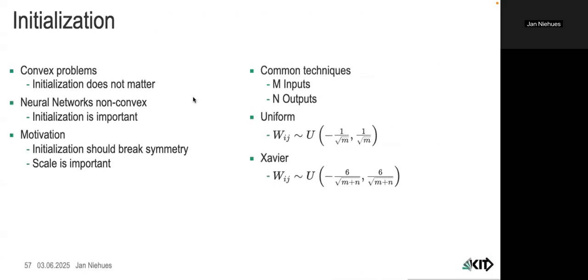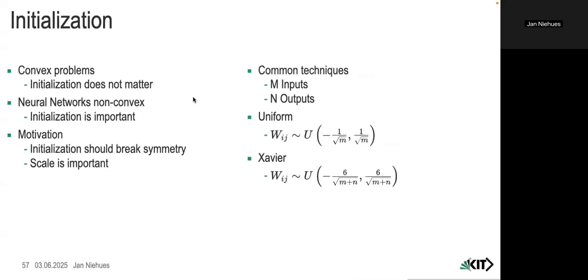If you have a layer with m inputs and n outputs, typically you use either a uniform or a normal distribution, either based only on the inputs or based on the inputs and the outputs. That is how you initialize your weights.